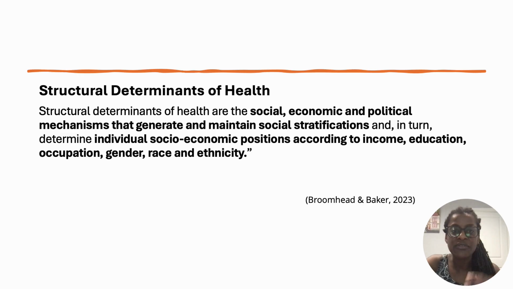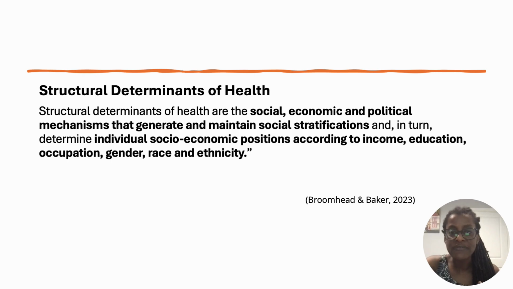Another definition, Broomhead and Baker, state that structural determinants of health are socioeconomic political mechanisms that generate and maintain social stratification, and in turn determine individuals' socioeconomic position according to income, education, occupation, gender, race, and ethnicity.